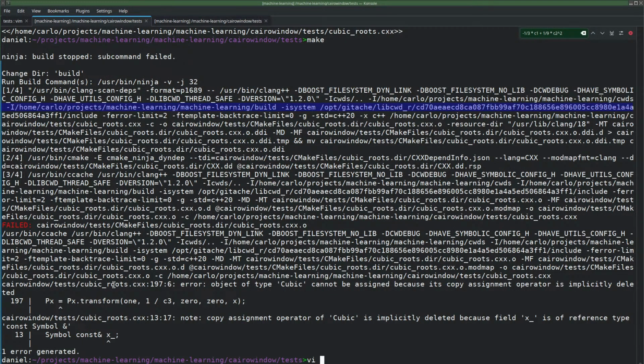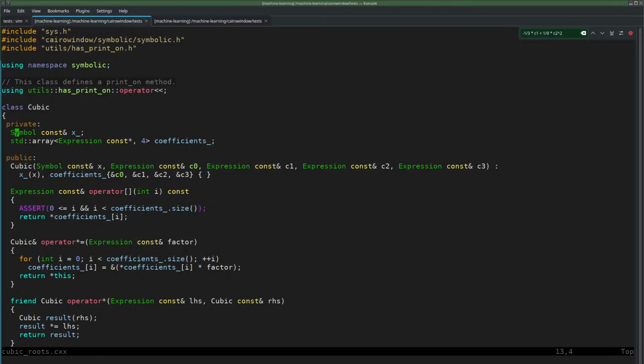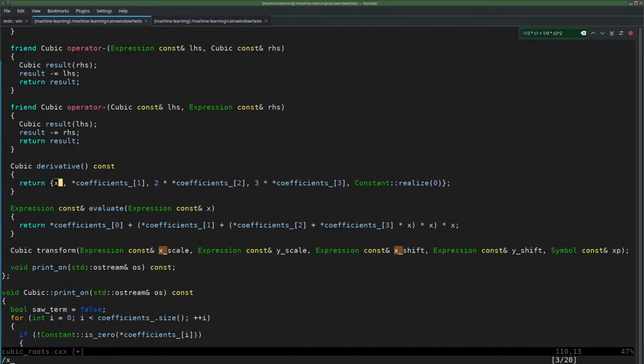What is this? Cubic cannot be assigned because the copy assignment operator is implicitly deleted because the field x is of a reference type. Well, then maybe I should change that to a pointer. x underscore pointer here, store a pointer everywhere, but use it as a non-pointer.